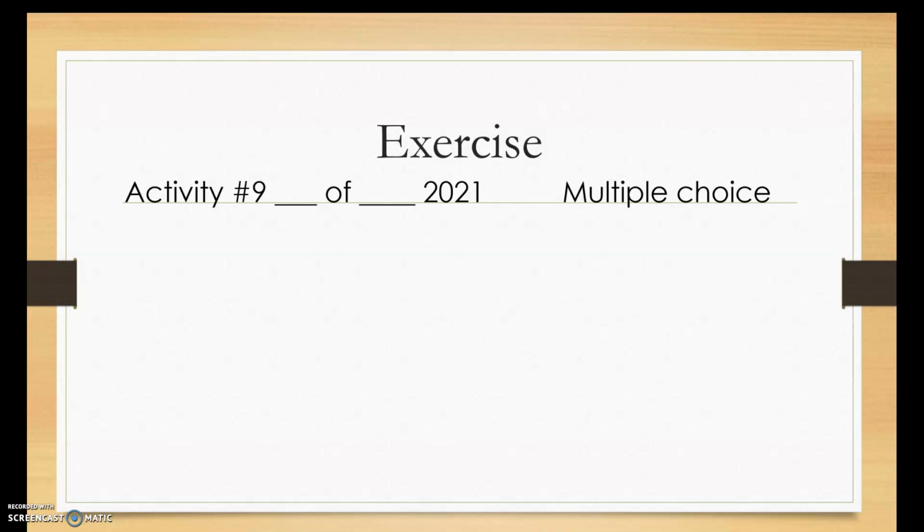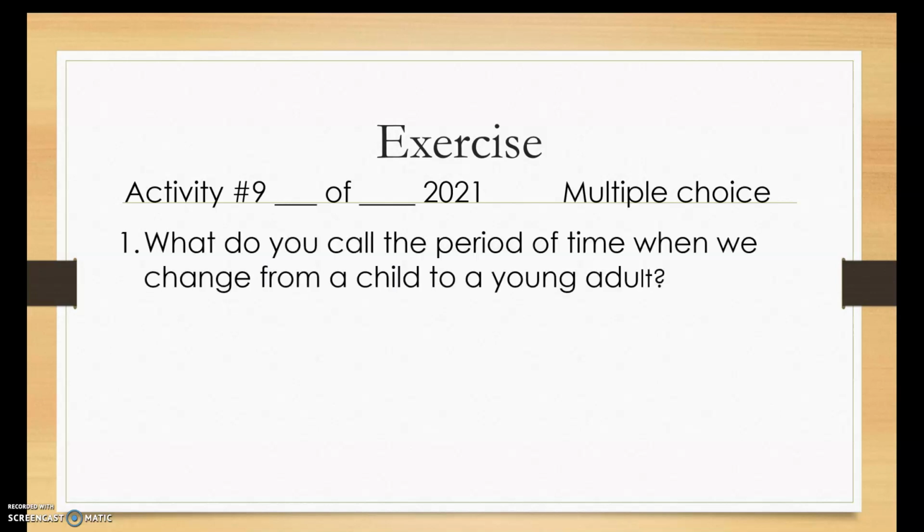Let's do our exercise. Bring out your paper or your notebook again and write activity number and date and the month. For our exercise, we will do multiple choice. You have to choose the best answer for the question.